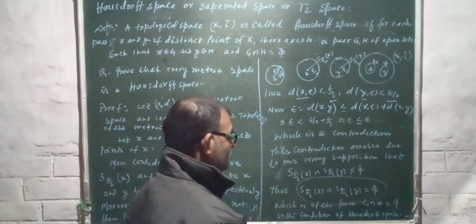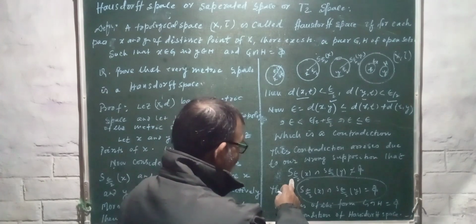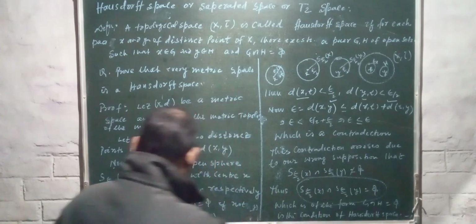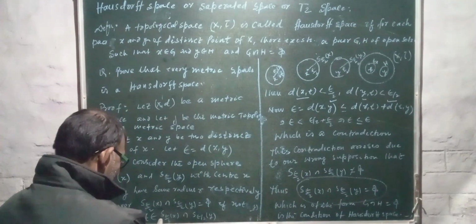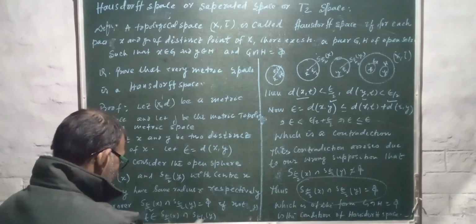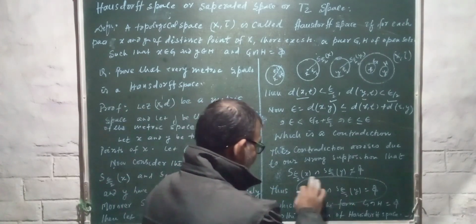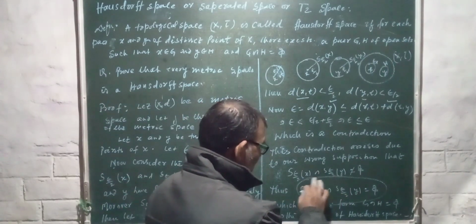This contradiction arises due to our wrong supposition that there is a common point among S(epsilon/2, x) and S(epsilon/2, y). So there is no common point among these two open spheres, these two open sets.